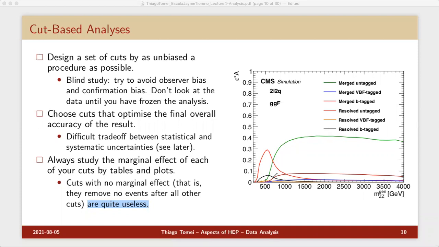And you see that the cuts have varying efficiency times acceptance, depending on this variable. So that's why you have different sets.